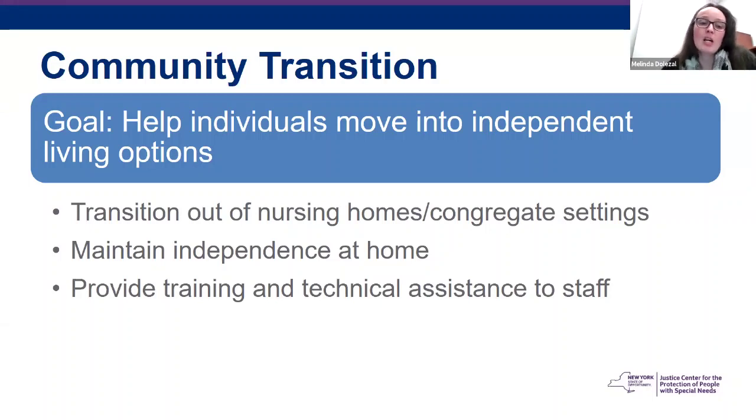So TRAID has helped innumerable people, hundreds of people over the last couple of years transition out of nursing homes, congregate settings, certain types of group homes, if it's a temporary residential option, and to be able to maintain independence at home. We also are always happy to provide training and technical assistance to staff who may not be as familiar with the device, so that they feel comfortable working with the person to assist if there's ever a question in that regard.